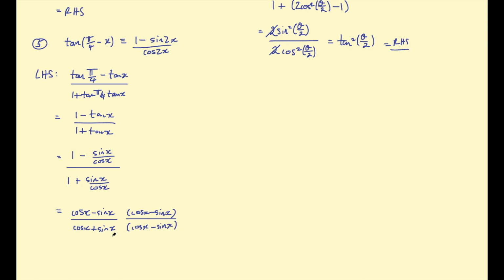Why would I do this? Well, you notice in the denominator now I have cosine of x plus sine of x multiplied by cosine of x take sine of x. That's going to be the difference of two squares, which I know is going to end up to be cosine of 2x. So that's how you might find that you need to take this step, by looking at what you need to end up with and figuring out how to end up with those identities that you need.